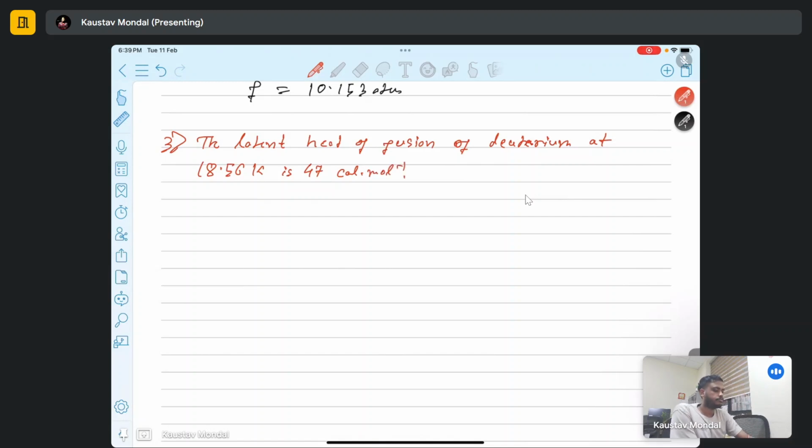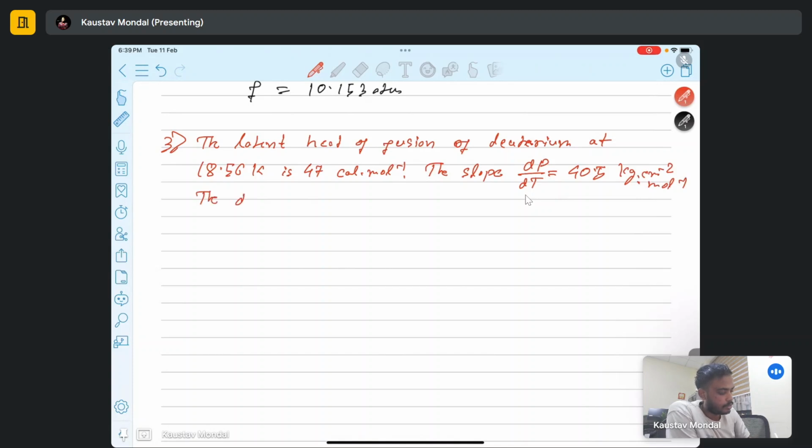This is the latent heat of fusion for deuterium. The slope dp dt is equal to 40.5 kg per centimeter square per mole inverse.